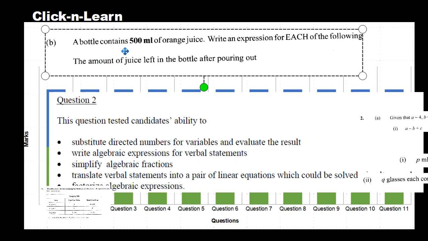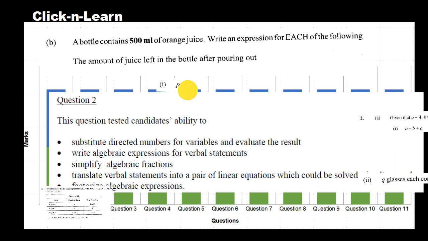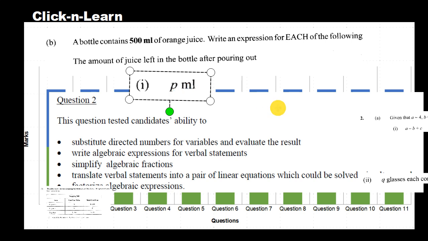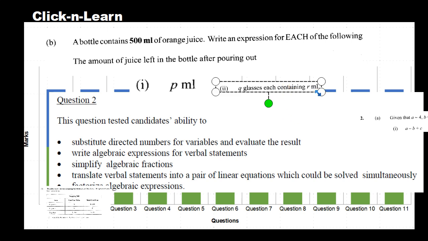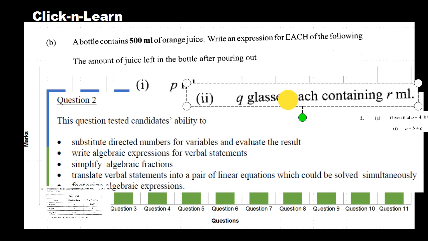A bottle contains so and so. Write an expression for each of the following: the amount of juice left in the bottle after pouring out so many mils, P mils, Q glasses.